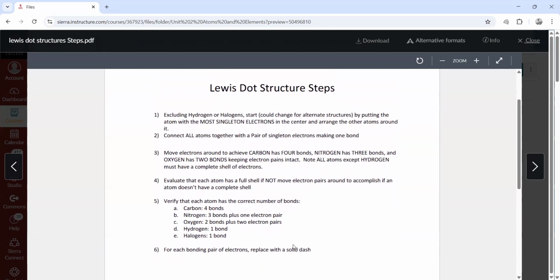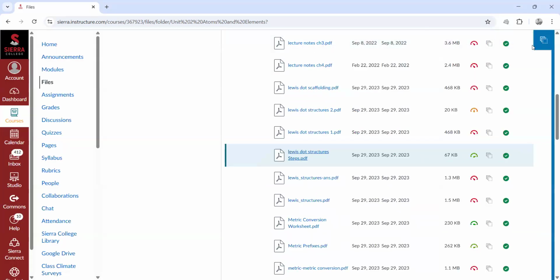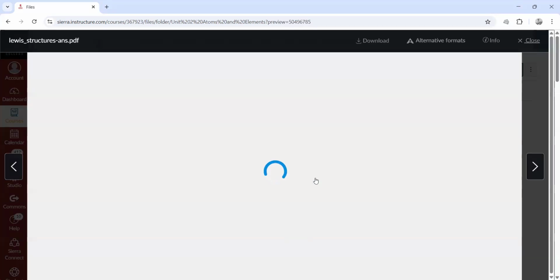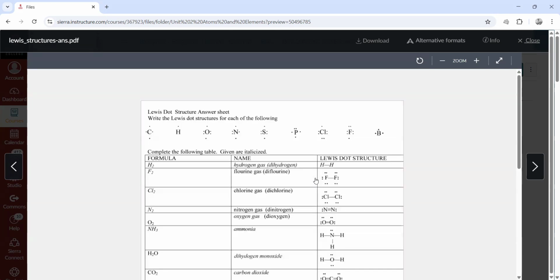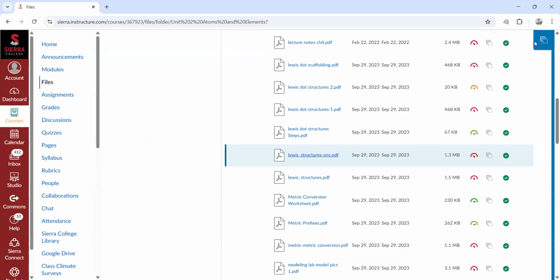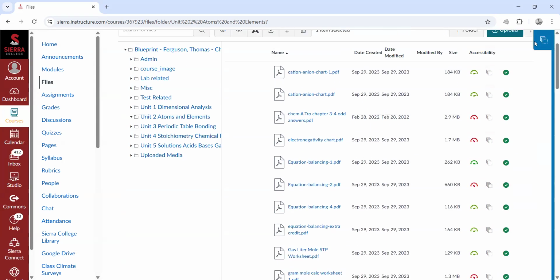So in lab today, tomorrow, have this on your phone. This is the one we just went over a little while ago. Anyway, these worksheets are all under Unit 2.